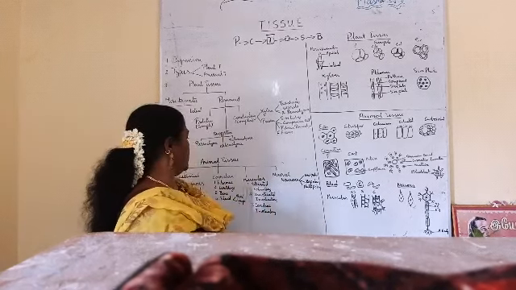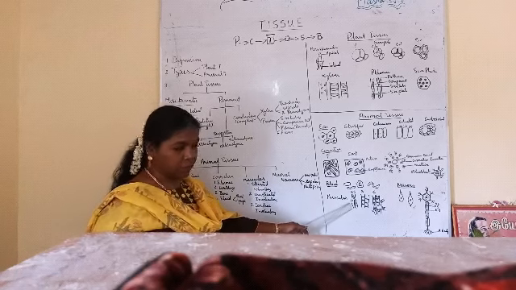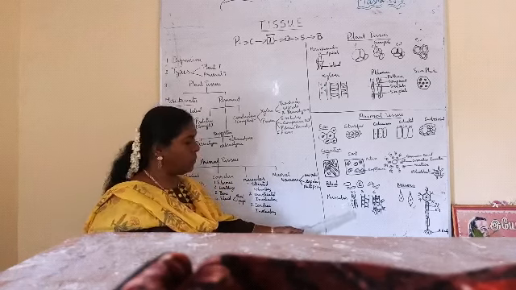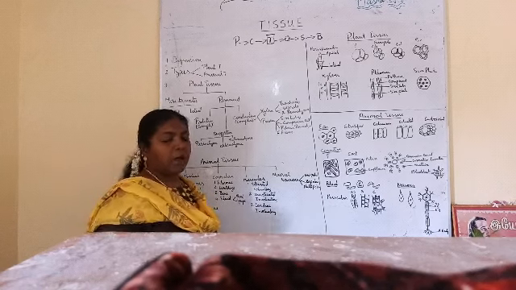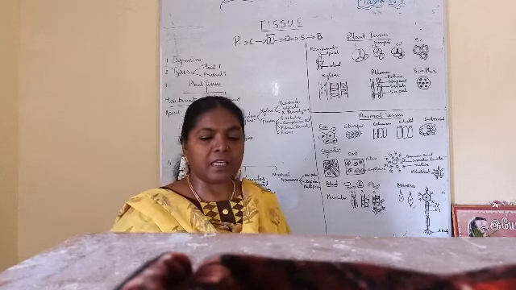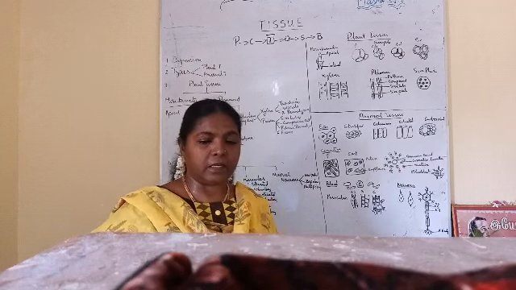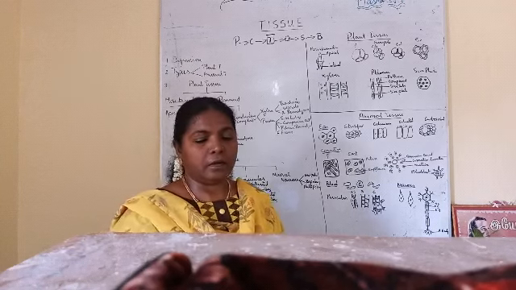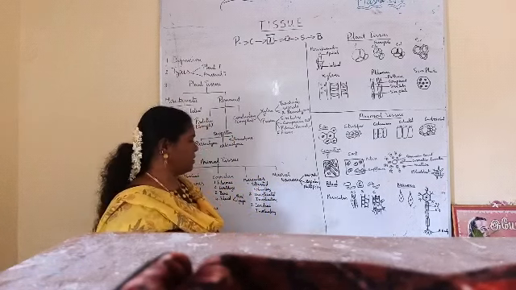See, I have written they are unstriated muscles or involuntary. They are also called smooth muscles. So they are involuntary in function. That means they will do their own work. They are seen in the inner wall of the intestine, blood vessels, and ureter. So all these places you can see.